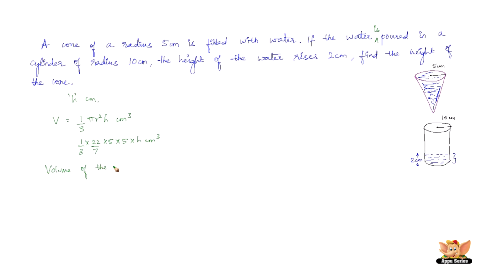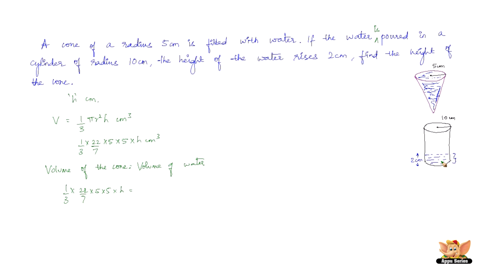So the volume of the cone we have as 1 by 3 into 22 by 7 into 5 into 5 into h.